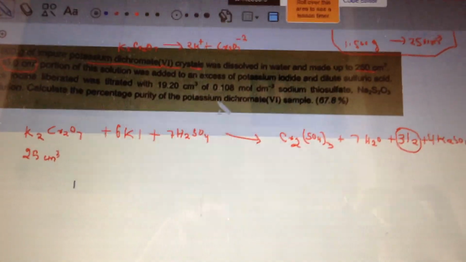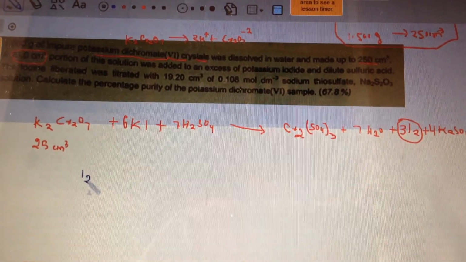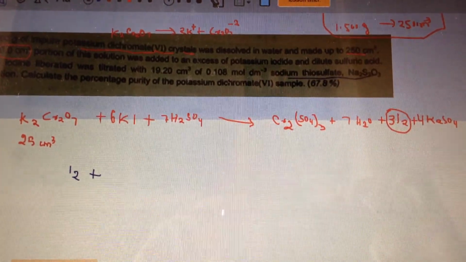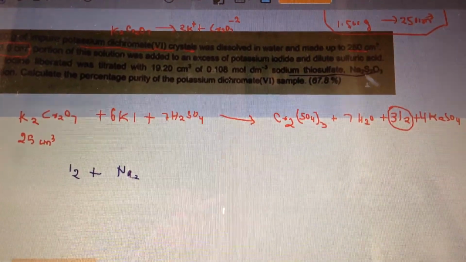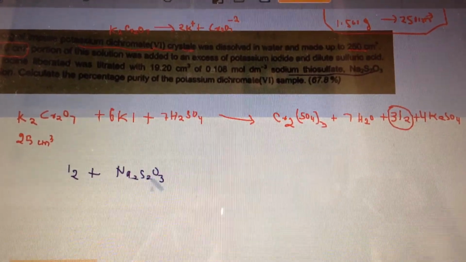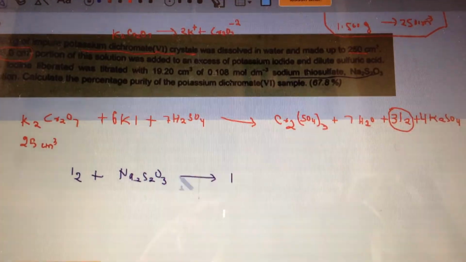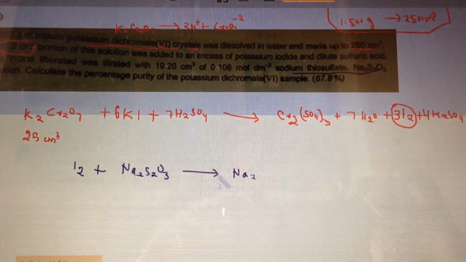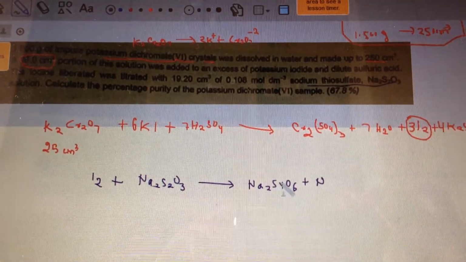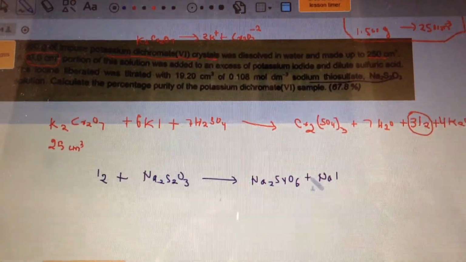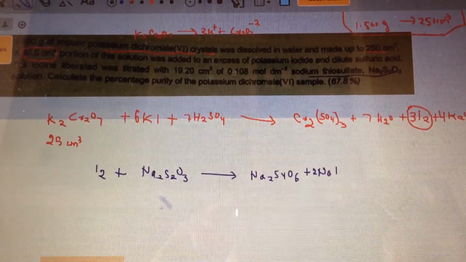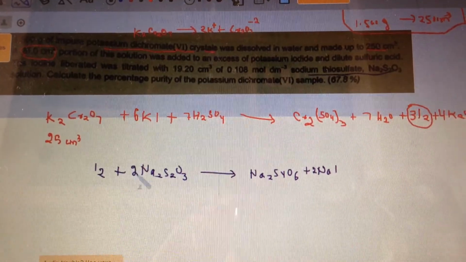So iodine is again titrated with sodium thiosulfate, which is Na2S2O3, and when it titrated with that, it makes Na2S4O6 plus NaI. And if we balance that, we need 2 there, and the rest should be good.